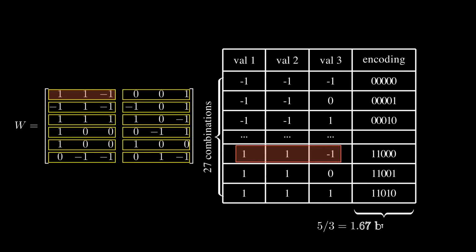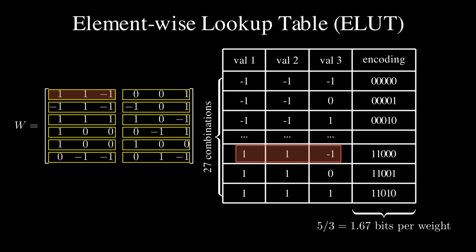The result is, now we're only using 5 bits to store 3 weights, reducing our average storage to 1.67 bits per weight. That's pretty close to the 1.58 theoretical lower bound. This strategy is called element-wise lookup table, or ELUT for short, and is what BitNet adopted. They consider 2 versions of it. The one we just discussed, which uses groups of 3 weights stored in 5 bits, is called TL2.